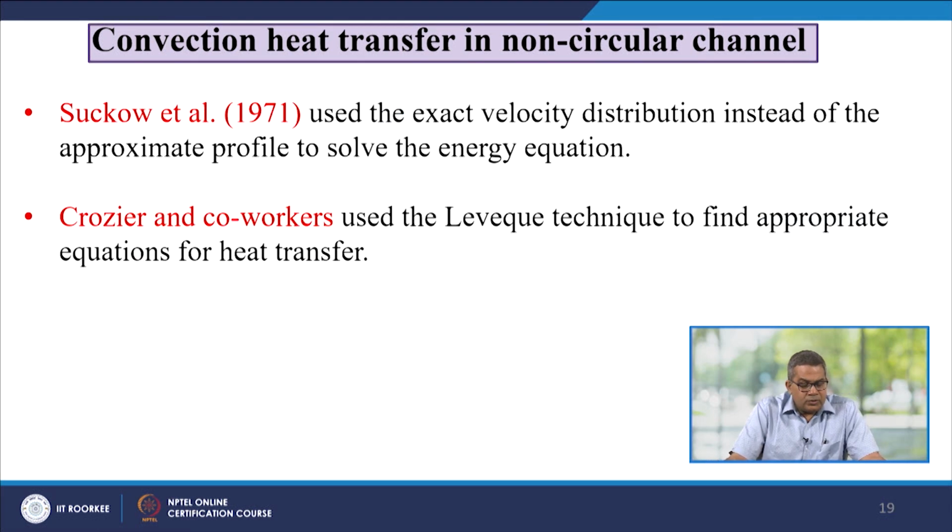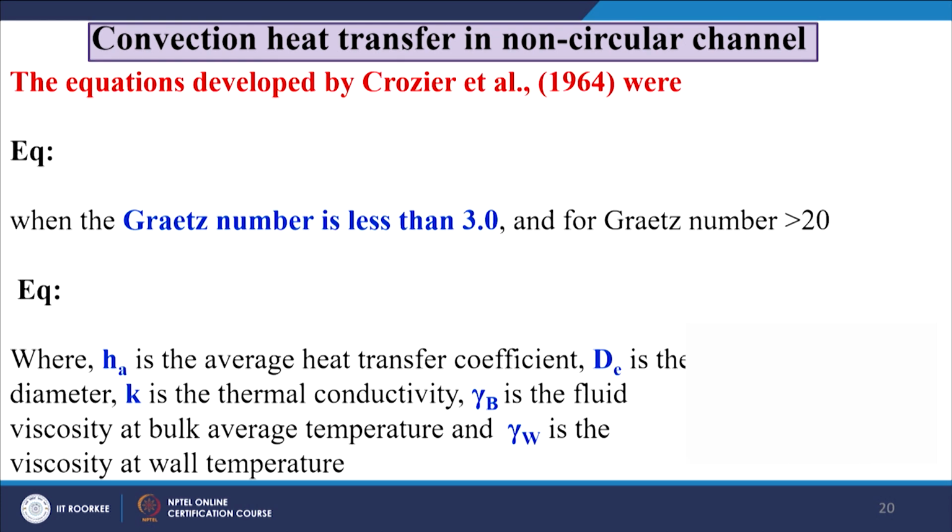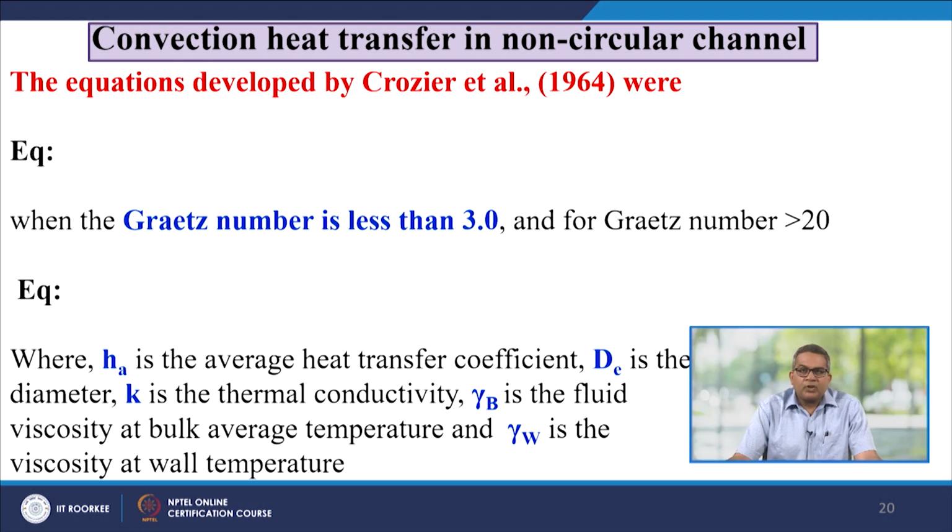In another study, Sukhov and co-workers used the exact velocity distribution instead of the approximate profile to solve the energy equation. Crozier and co-workers used the Lévêque technique to find an appropriate equation for heat transfer. Now, there are several equations developed by Crozier for non-circular channels, developed in 1964.